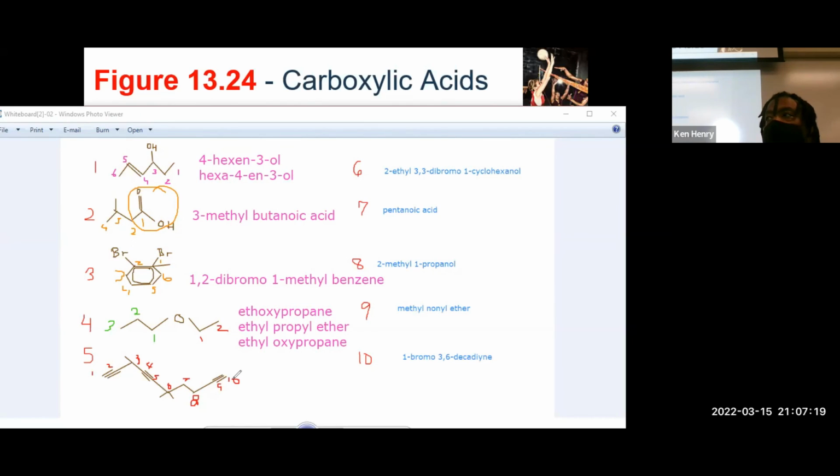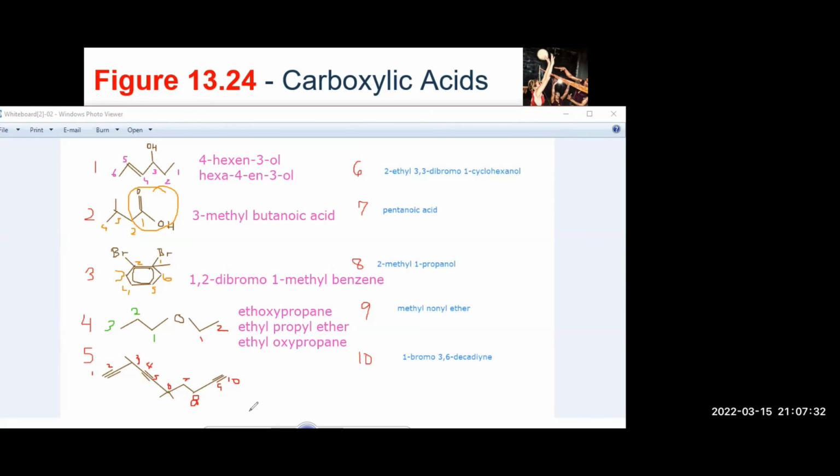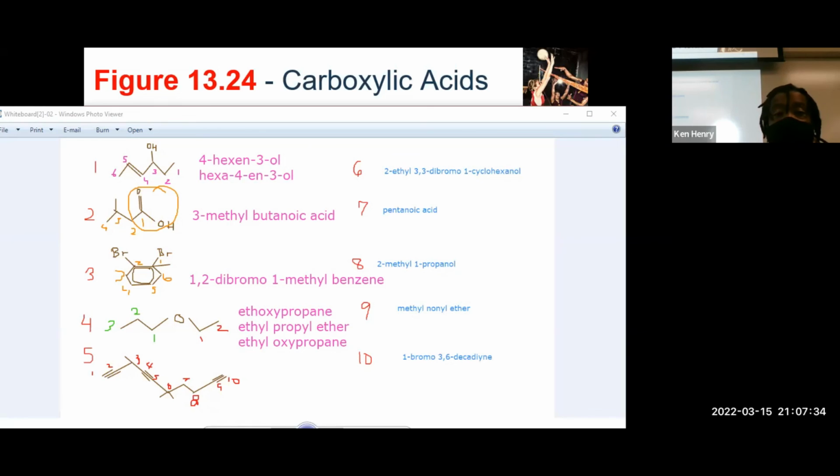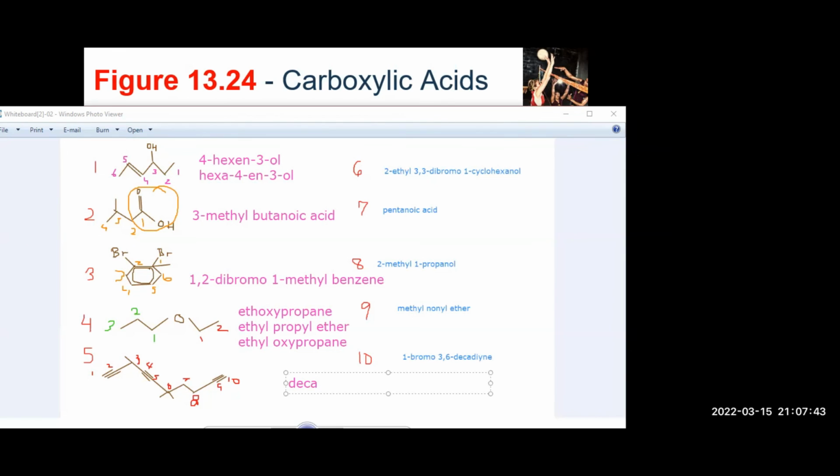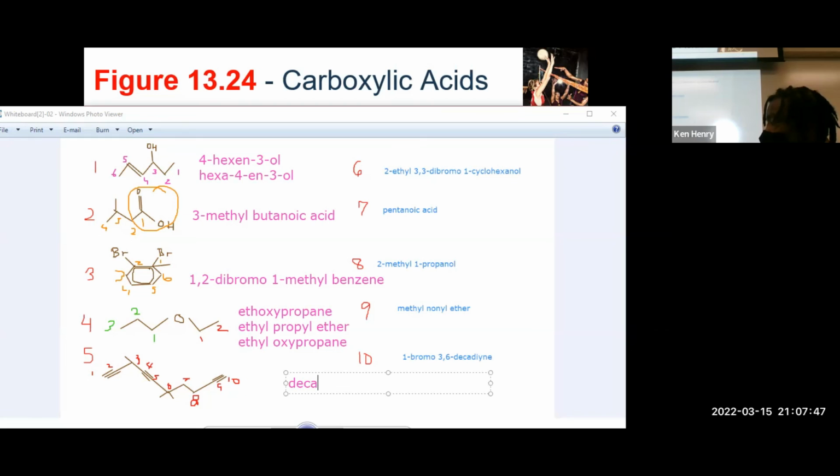So a 10-carbon chain: deca. And then -yne for the triple bonds. But I have more than one triple bond.